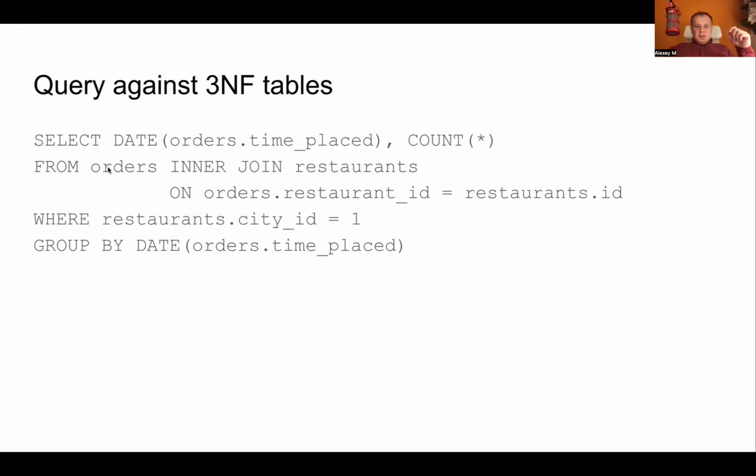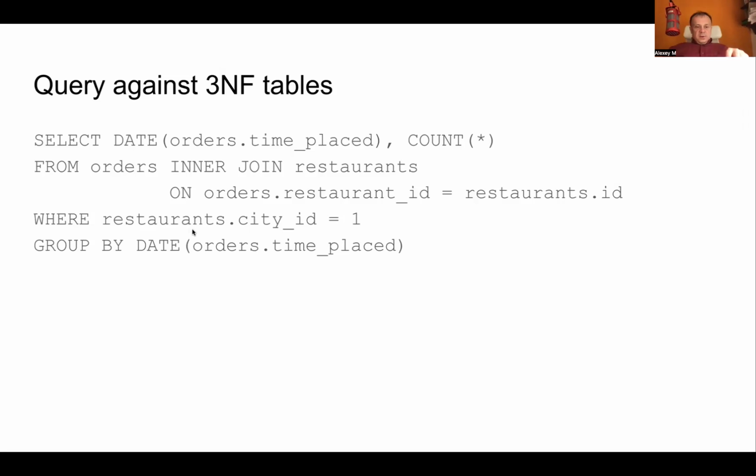So we select from a table of orders, but we need to filter this query by city ID, which is stored in a different table. So we join orders with a table of restaurants.